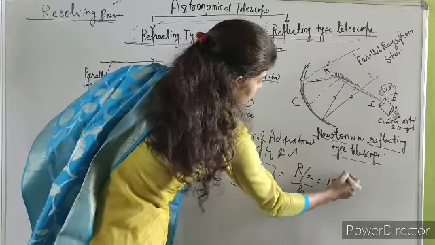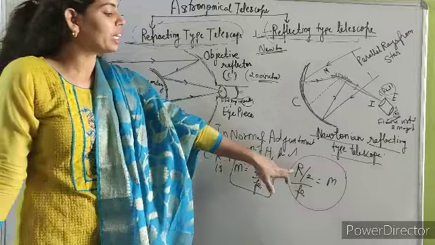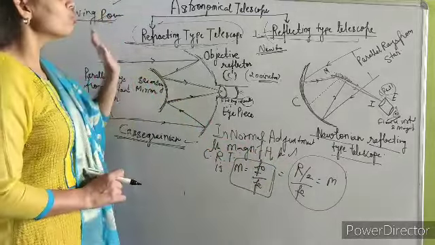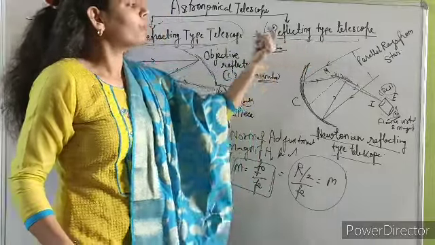So this is the magnifying power of the Cassegrainian reflecting type of telescope. Here R is the radius of curvature. So students, this is all about the reflecting type telescope.